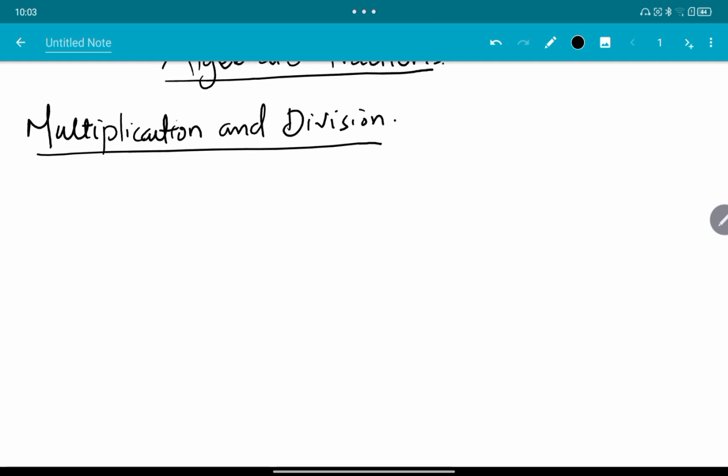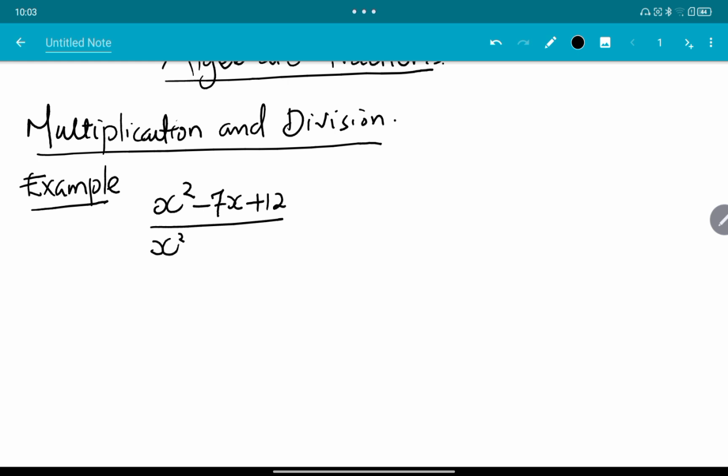Okay, let me use this example: x squared minus 7x plus 12 all over x squared plus 3x minus 28, times x squared minus 49 over x squared minus 9.